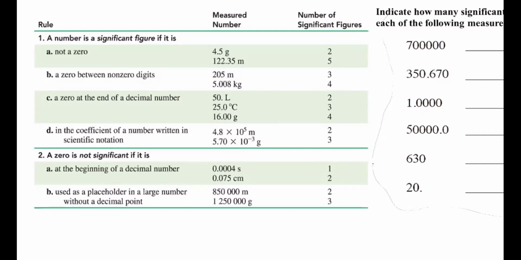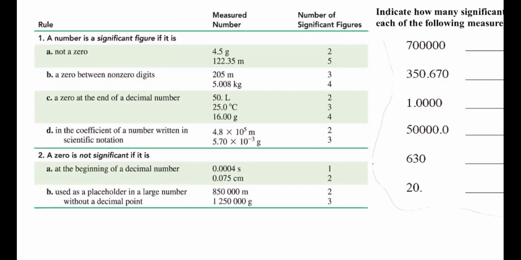If your 0 is in between non-zero digits, then all of the digits are significant. So you can see 205, 3 sig figs. 5.008, 4 sig figs. Again, your zeros are in between non-zero digits. Rule 1C states that a 0 at the end of a decimal place is significant.